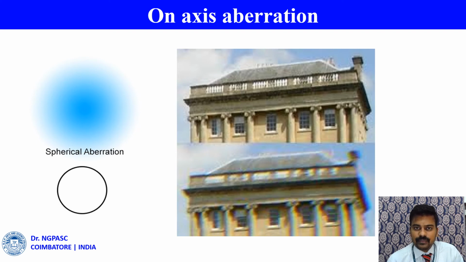If you see it through a chromatically aberrated lens, we can find a somewhat blurred image like this. This is the example for on-axis aberration. I hope you understood what on-axis aberrations are and how they exhibit.